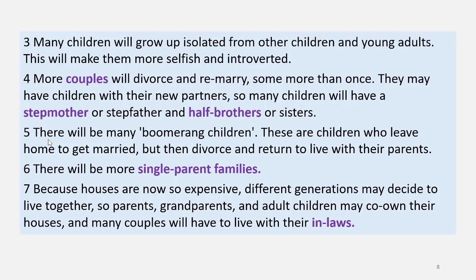These are children who leave home to get married, but then divorce and return to live with their parents. And number 6, there will be more single parent families. And number 7, because houses are now so expensive, different generations may decide to live together. So parents, grandparents, and adult children may co-own their houses, and many couples will have to live with their in-laws.